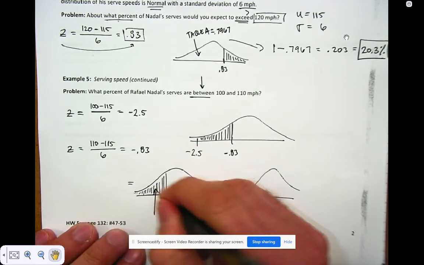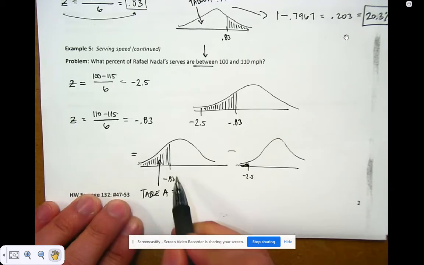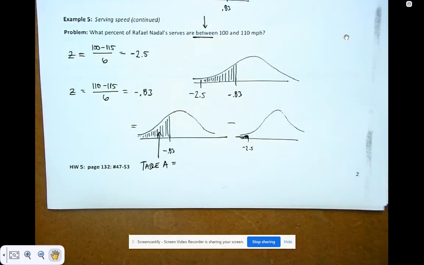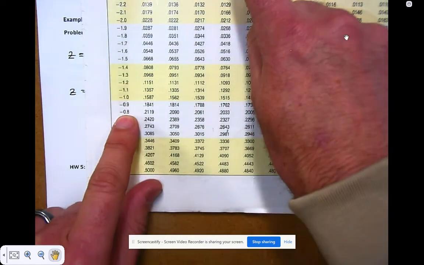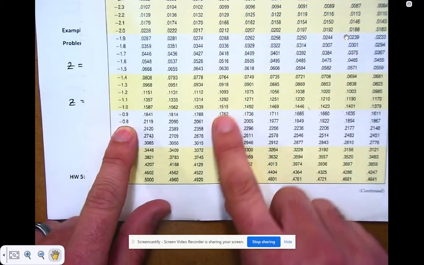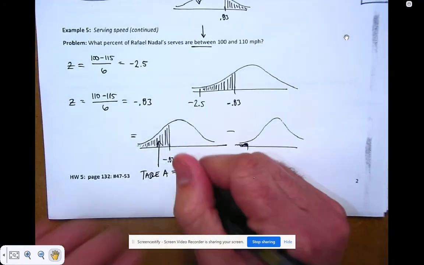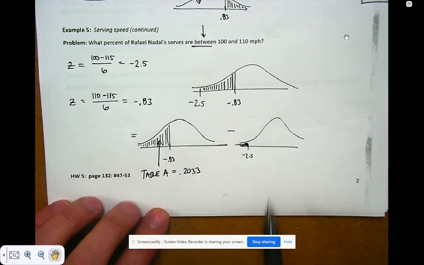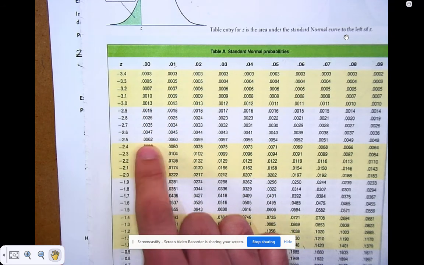I can use table A again. Table A will give me exactly the proportion to the left of negative 0.83. So you come here, you have negative 0.8, you look up at the top for 0.03. So negative 0.83, you come across, and it's 0.2033. And then I need the area to the left of negative 2.5. For negative 2.5 exactly, you go to the 0.00 column, and you get 0.0062.